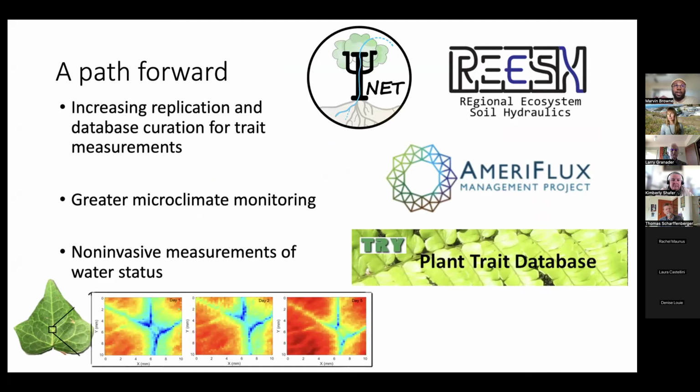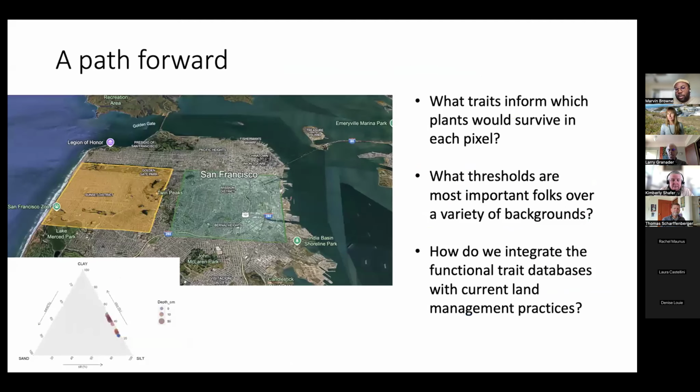You have to cut off leaves, which could be dangerous or detrimental in the long term for particularly vulnerable species. But there's a variety of different traits, and we have a large understanding of the ecological and microclimate associations between traits and the physiology and water status of the plants.